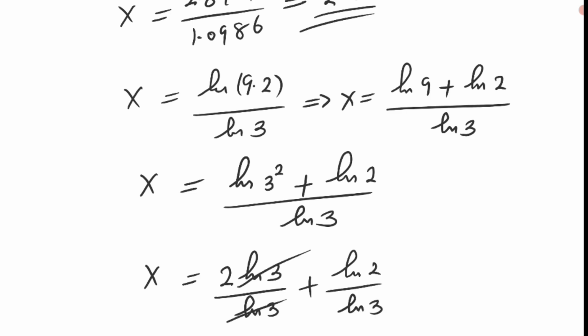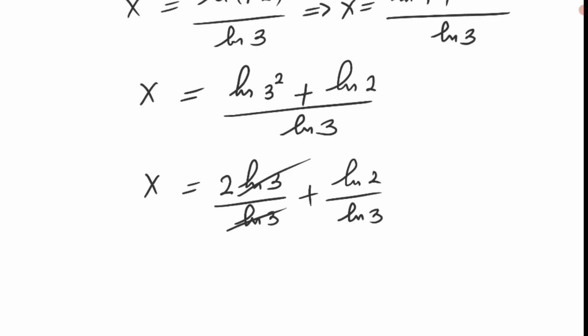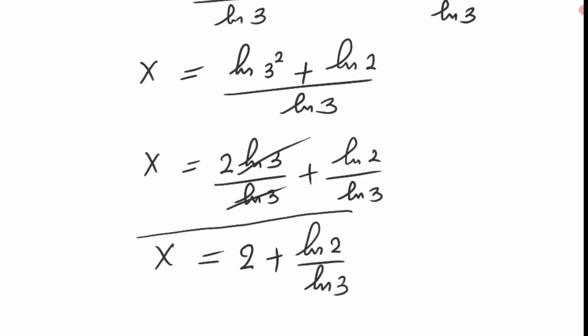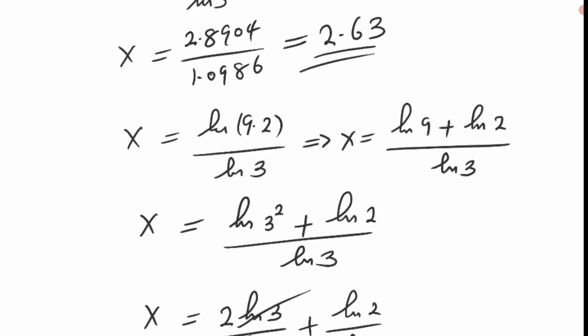This ln of 3 cancels this ln of 3. S is equal to 2 plus ln of 2 over ln of 3. This is the value of s in terms of natural logarithm.